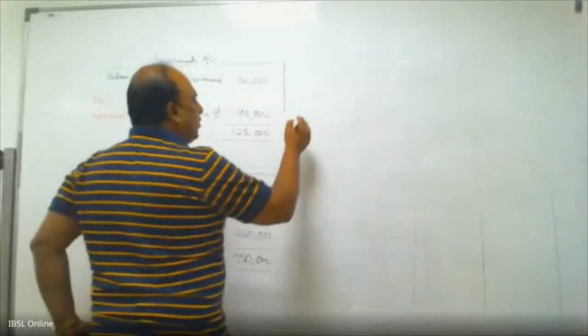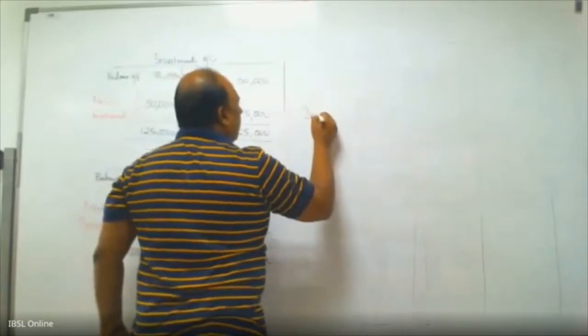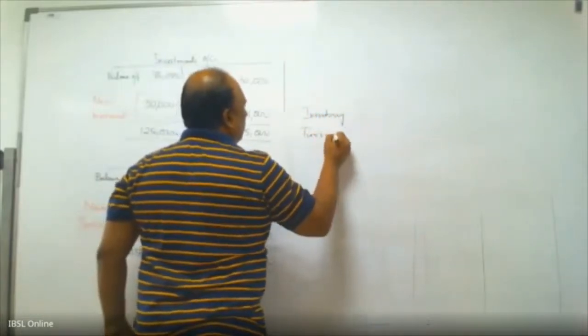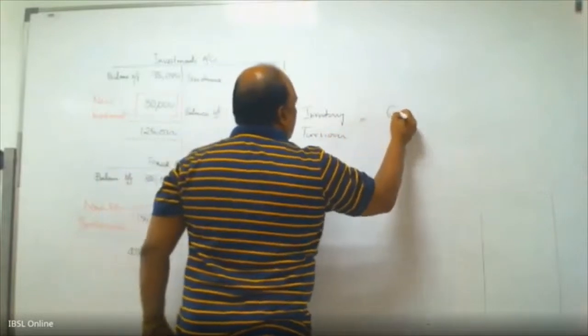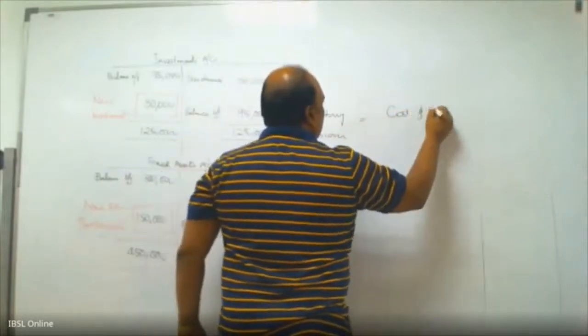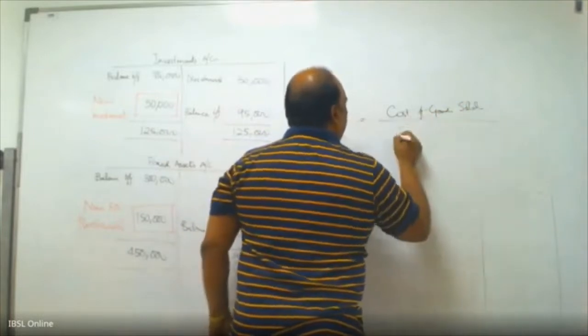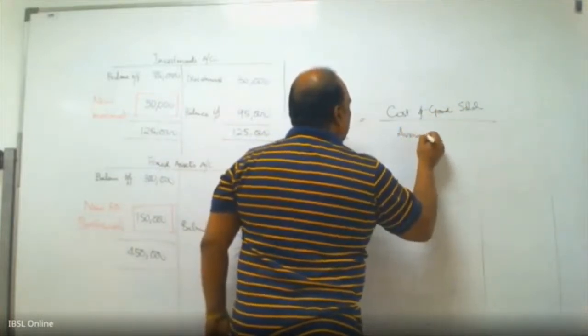Cost of goods sold divided by average stock. Very good. So first you need to know how to calculate the inventory turnover ratio. That is cost of goods sold divided by the average stock.